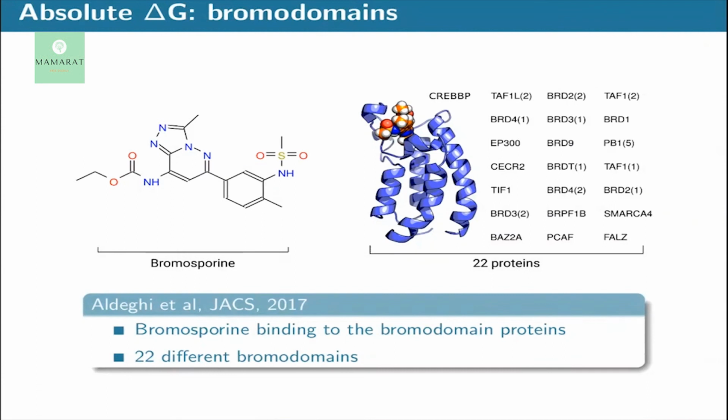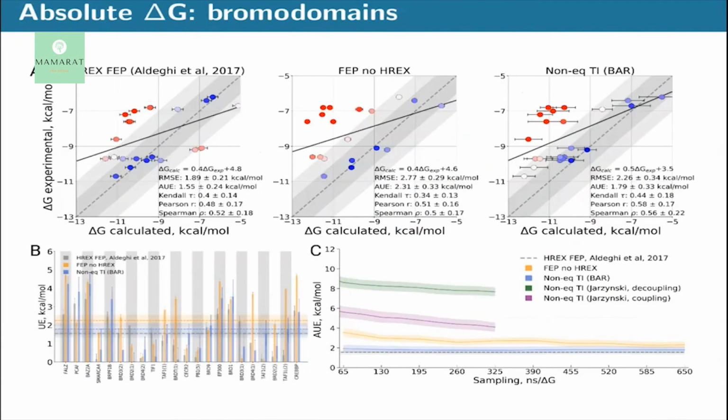And there is also experimental data available on the absolute binding free energies of bromosporin to all of these bromodomains. And what Matteo did then in 2017, he used the Hamiltonian replica exchange enhanced free energy perturbation technique, so an equilibrium technique, and obtained the results that are visualized in the upper left panel.